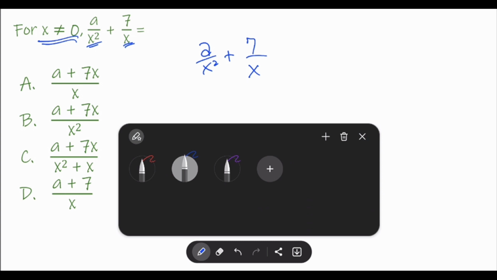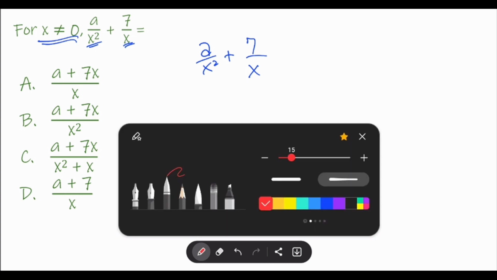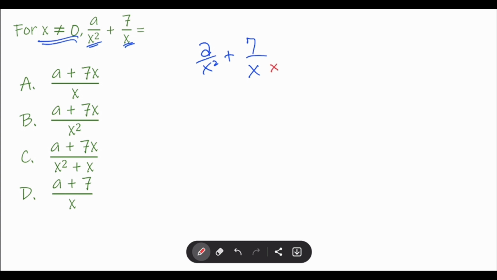So how do we change it to x squared? We multiply the numerator and the denominator by x because we want to make it x squared.